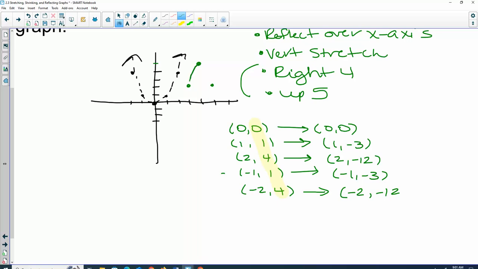So we can see this skinny upside down parabola that's been shifted over. Questions on that one?